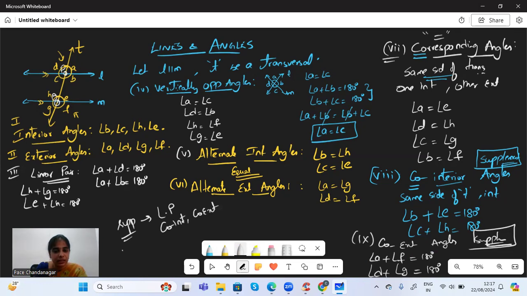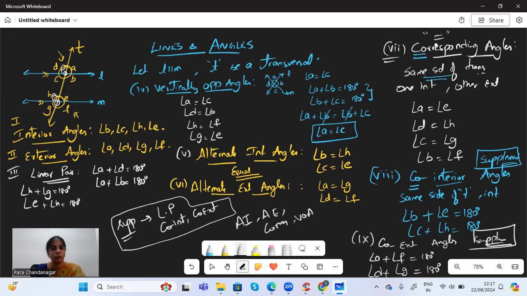So these are the supplementary angles. Clear? And which pairs are equal? Your alternate interior angles, alternate exterior angles, corresponding angles, and vertically opposite angles. So all these pairs of angles are equal if the lines are parallel.